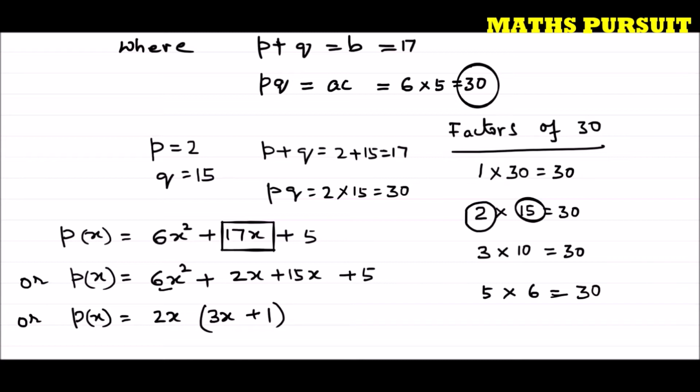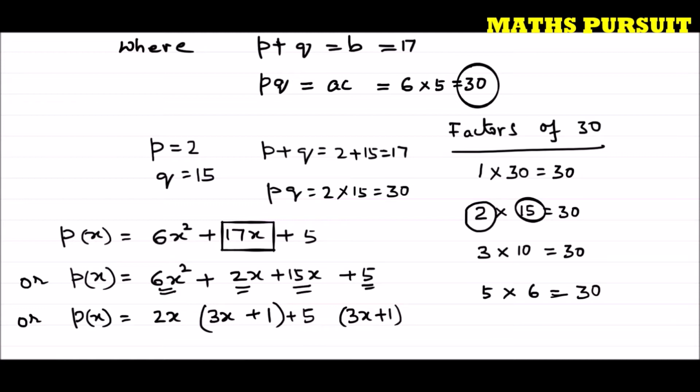Why? If I multiply 2x with 3x, I will get 6x to the power 2, and 2x into 1 is 2x. Now I will put this 3x plus 1 as it is, and then I will see what should I multiply here so that I will get 15x. If I multiply 5, I'm getting 15x, and 5 into 1, I'm getting this 5.